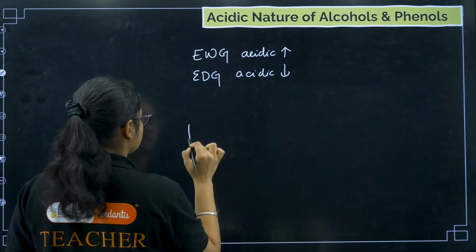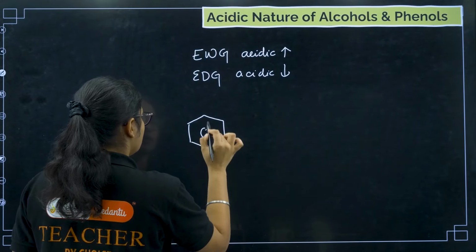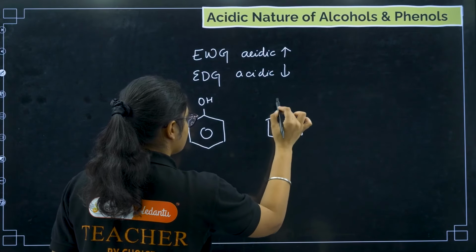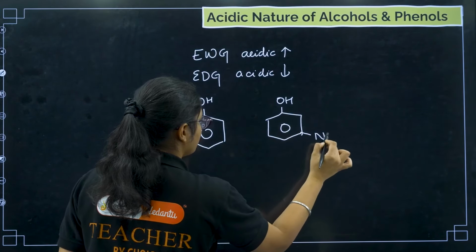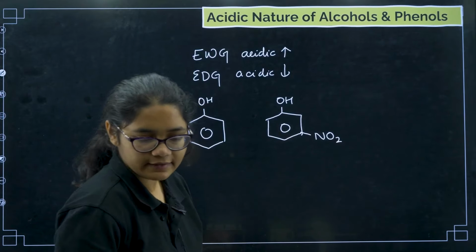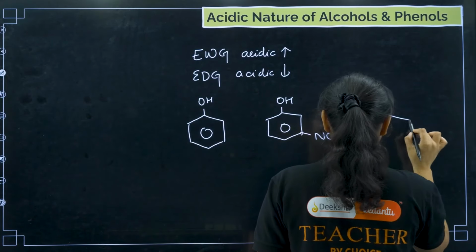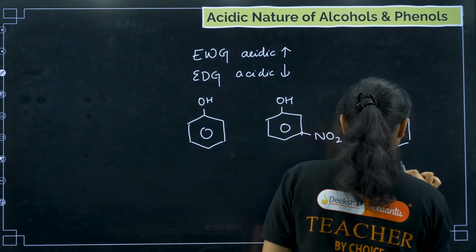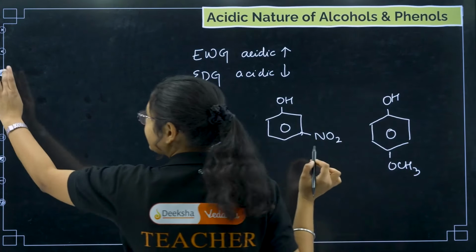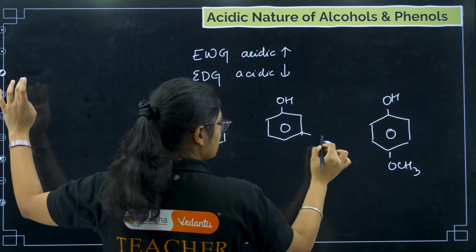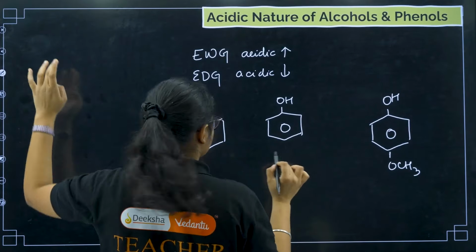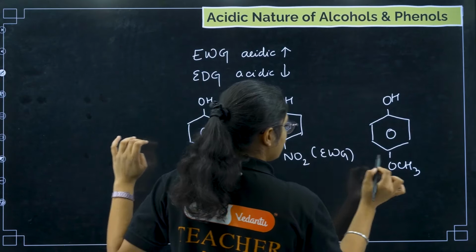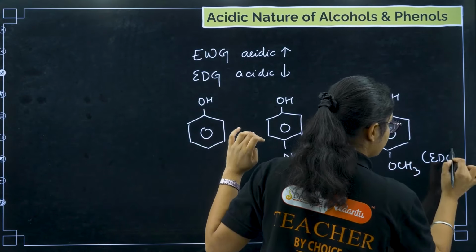For example, if I give a question like this, you have one phenol with an NO2 group, and then you have a phenol with an OCH3 group. Now you see this is an electron withdrawing group and this is an electron donating group, right?